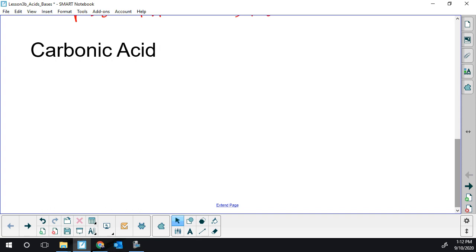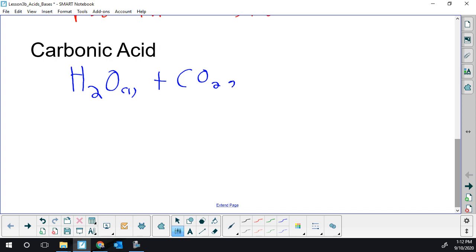Carbonic acid. And this is more on the environmental side of chemistry. Now, carbonic acid is quite useful to understand because of how it's made. Water, that's everywhere, reacts with carbon dioxide that is in our atmosphere, has always been in our atmosphere.